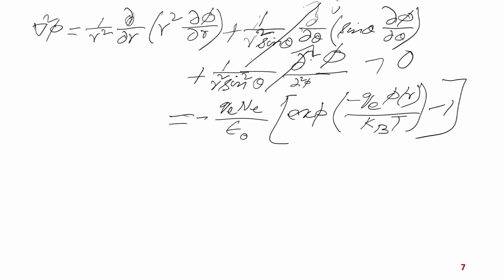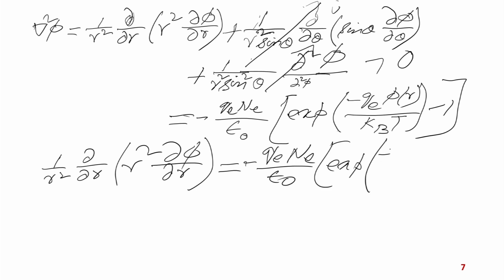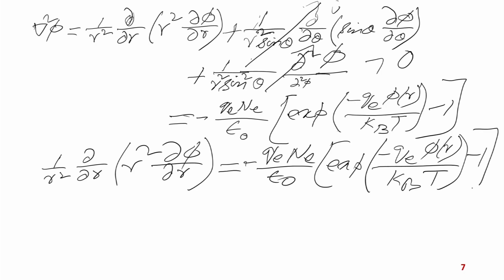Now I can write this equation as 1 by r square del by del r of r square del phi by del r, equal to minus q e n e by epsilon 0, and then e to the power q phi by k b T, minus 1.